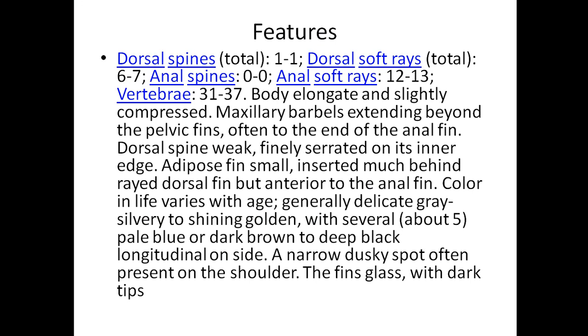Actually, the color of this vittatus varies with age. Delicate grey silvery to shining golden. But on the body you can see about 5 pale blue or dark blotches. Apart from that, at the shoulder level, there's a dusky spot.